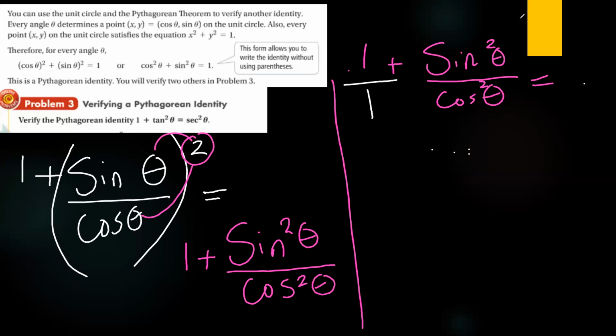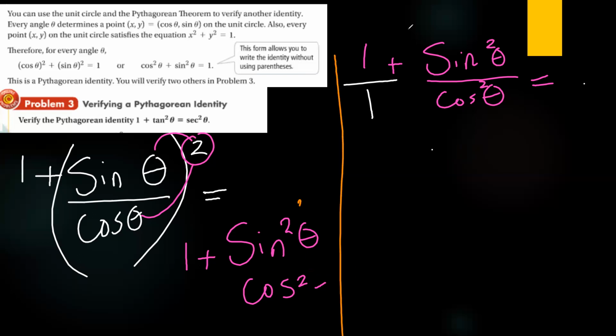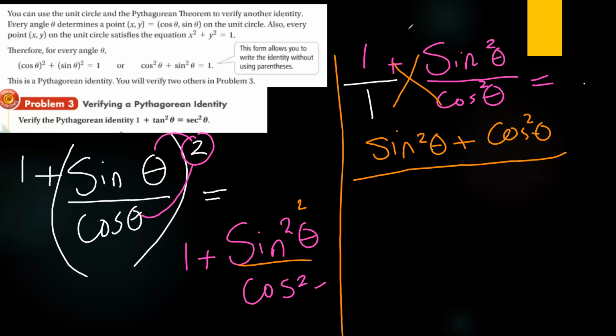So here, you have to multiply by cosine squared, and here you have to multiply by cosine squared, in order to have the same denominator, or you can use the cross product. That's sine squared plus cosine squared, or some of the students call it the butterfly way, over cosine squared.